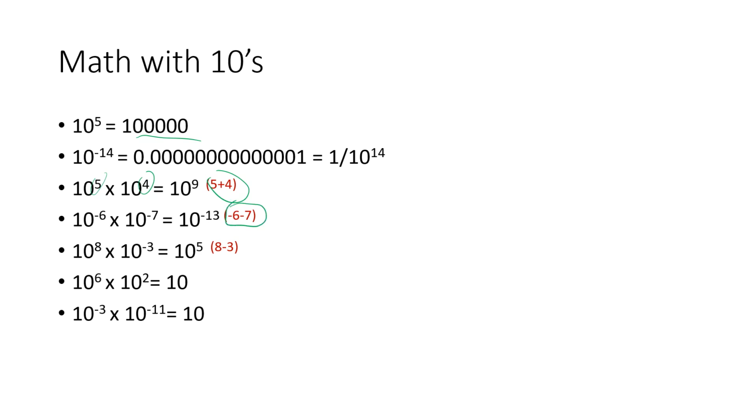You combine the negatives to get a negative 13. 10 to the 8th times 10 to the minus 3, now you can subtract because one's negative and one's positive. So that's 10 to the 5th. 10 to the 6th times 10 squared would be therefore 10 to the 8th, because you're just adding them. And 10 to the minus 3 times 10 to the minus 11 would be 10 to the minus 14. You just combine the exponents when we do this.